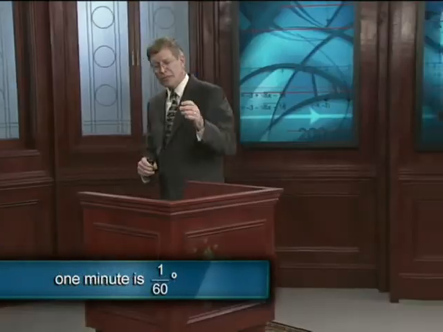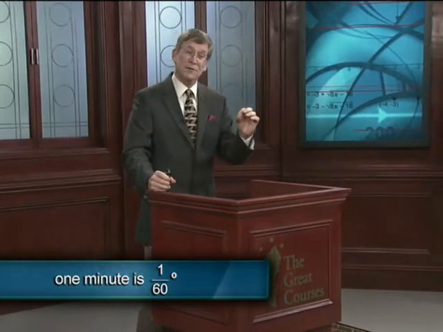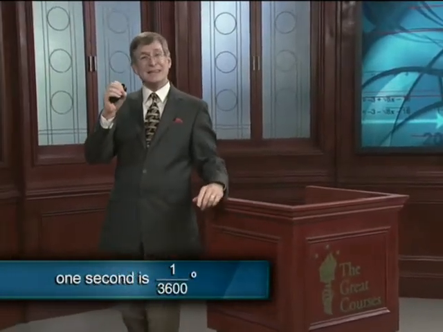A 1 minute is defined to be 1/60th of a degree, and 1 second is defined to be 1/3600th of a degree. So it's kind of a strange way to measure angles, but it's commonly used in certain areas of science. Let's do a quick conversion so we're more comfortable with this strange idea.